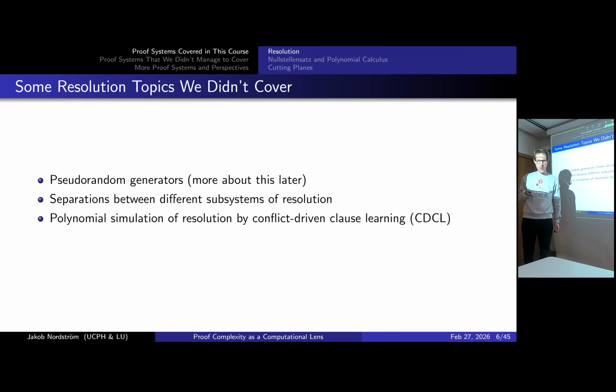One other thing that would have been nice to cover, which is far from obvious, and was an open problem for quite a while, is this: if I now take a conflict-driven clause learning solver, and we went over roughly how those work in the first lecture, can they search efficiently for resolution proofs? This is not obvious because CDCL solvers only find proofs with a very, very particular structure.